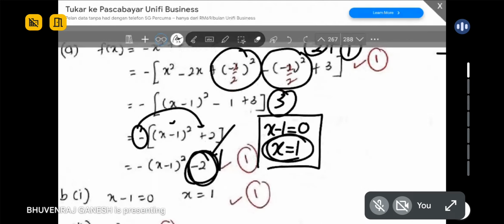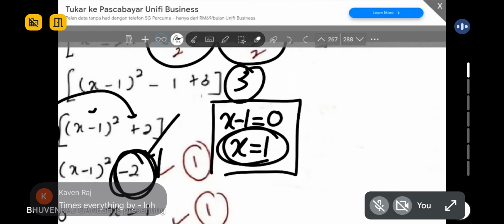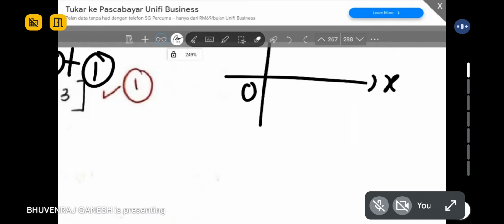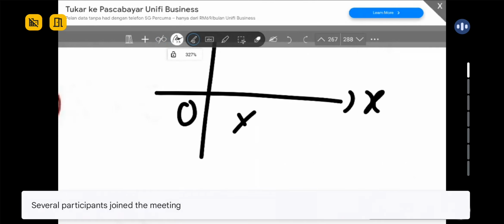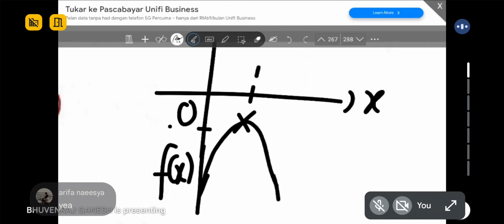Macam mana graph dia nampak? You guys actually know that the maximum point is 1, -2, right, guys? Titik maximum 1, -2. So you guys can plot somewhere over here. So your graph is something like this. Am I right? This is your fx graph. Betul? This is 1, this is -2.